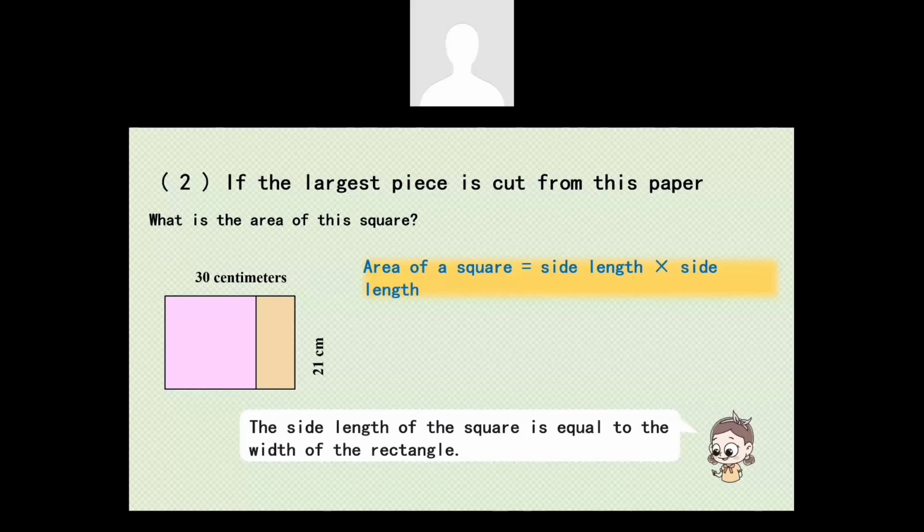Who can give the side length? The side length is 21 centimeters, because the largest square can't be bigger than the shorter side.